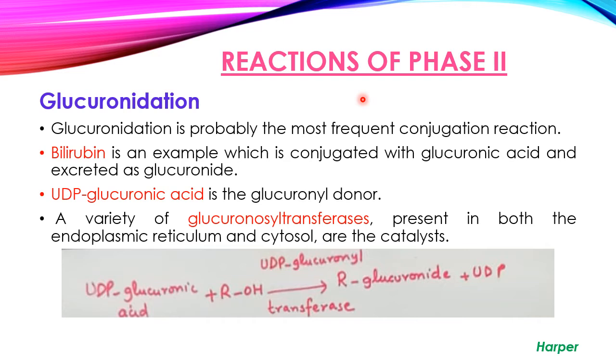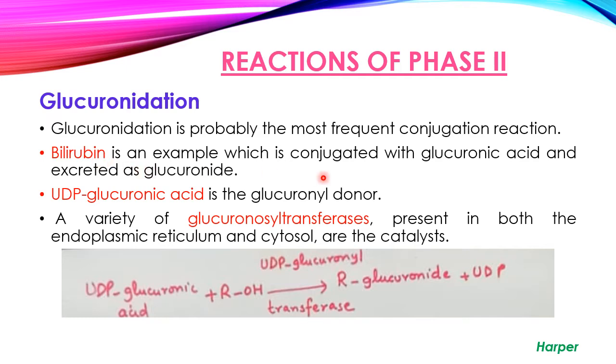The very first reaction of phase 2 is considered the most frequent conjugation reaction, and this is simply called glucuronidation, as the name indicates that this reaction uses glucuronic acid. The most notable example of glucuronidation is conjugation of bilirubin.